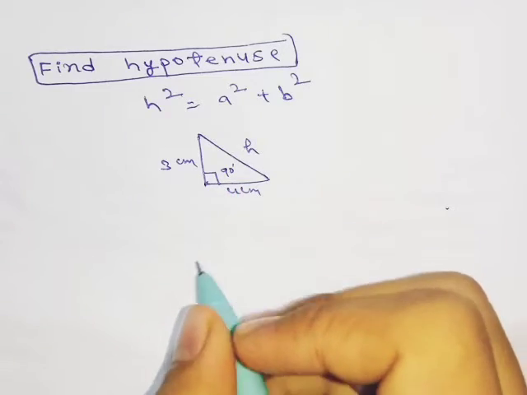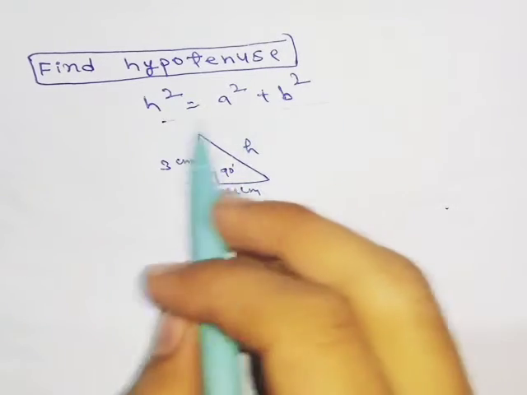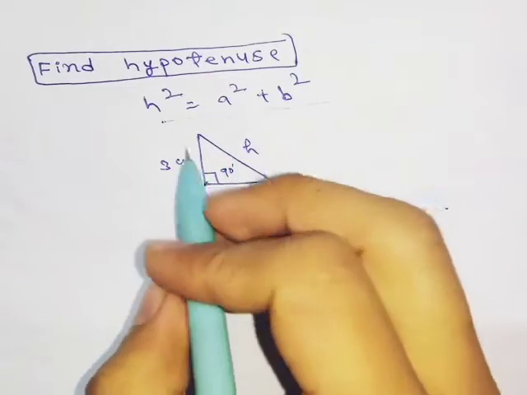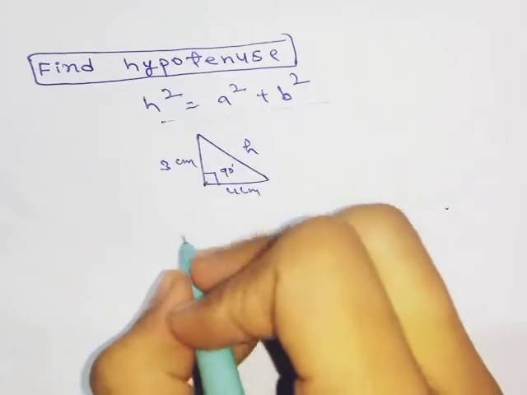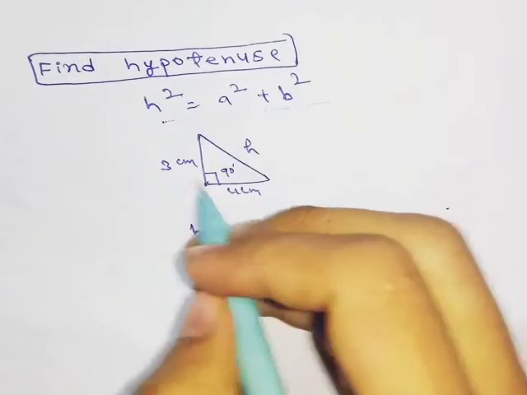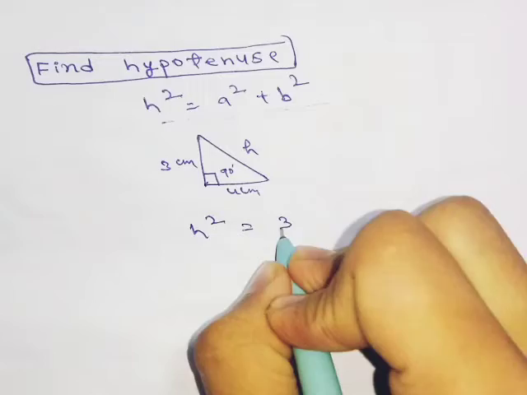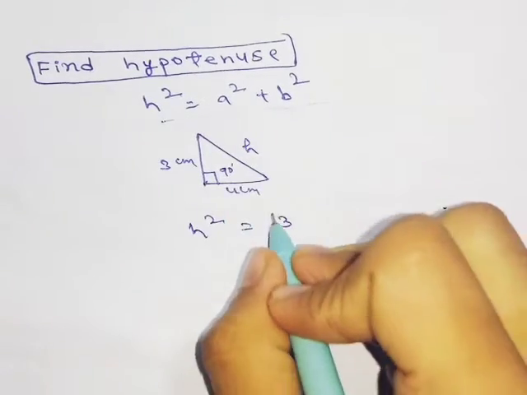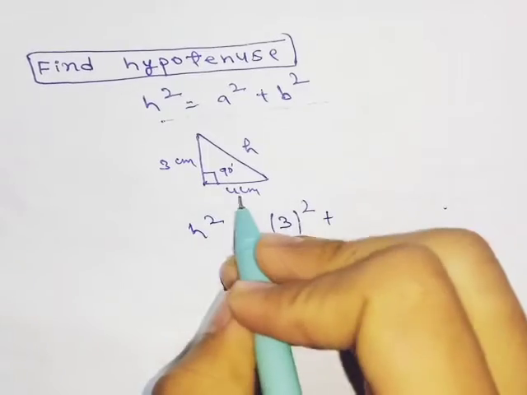How will we find it? We will apply the formula of Pythagoras theorem. Hypotenuse is not given, and altitude is 3 centimeter. We can write 3 square in place of altitude, plus base square, base is 4.